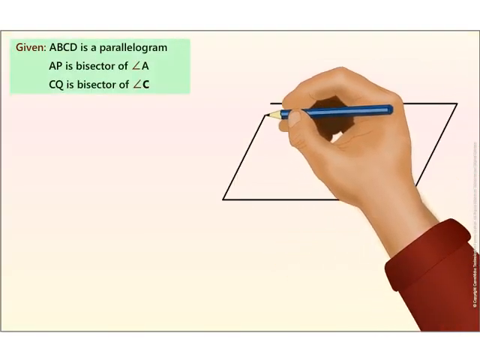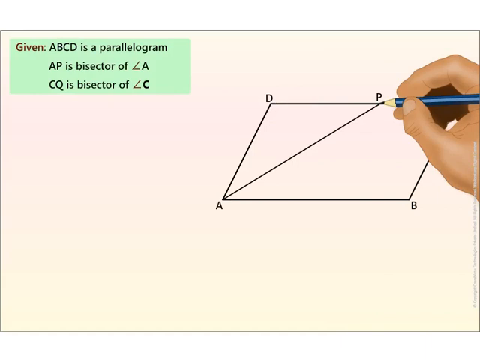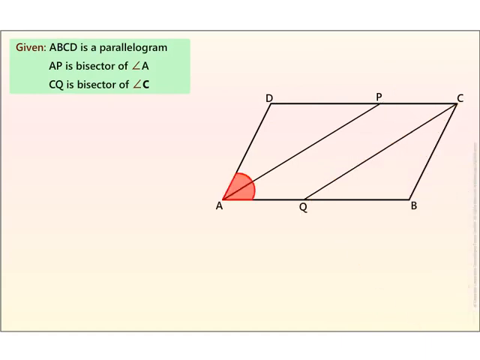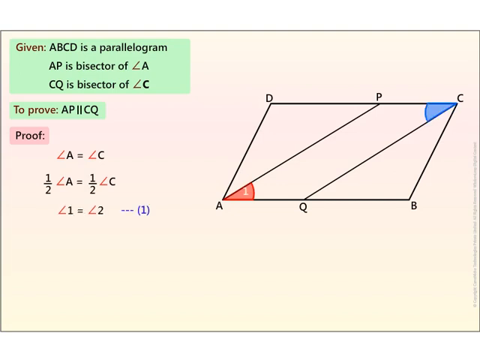ABCD is a parallelogram and line segments AP and CQ bisect angle A and angle C respectively. How do you prove that AP is parallel to CQ? Here, angle A is equal to angle C since opposite angles of a parallelogram are equal. So, half of angle A is equal to half angle C and angle 1 is equal to angle 2.